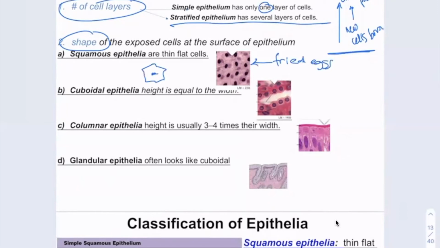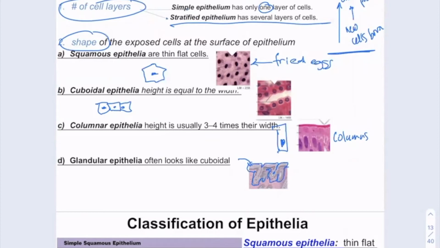Cuboidal epithelium, they're basically cubes with a nucleus in the middle, right? So it's cuboidal. Columnar are like columns, right? So columns, they look like this, and then there's a nucleus. And then glandular epithelium kind of looks like columns. This layer right here is the glandular epithelium.